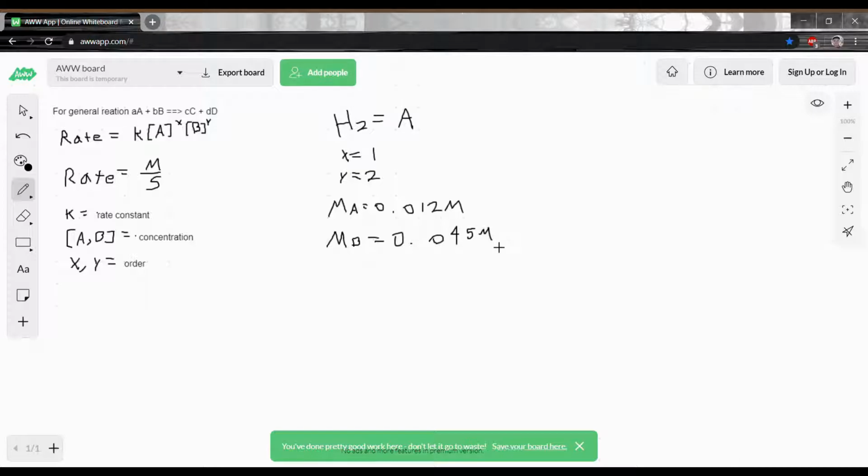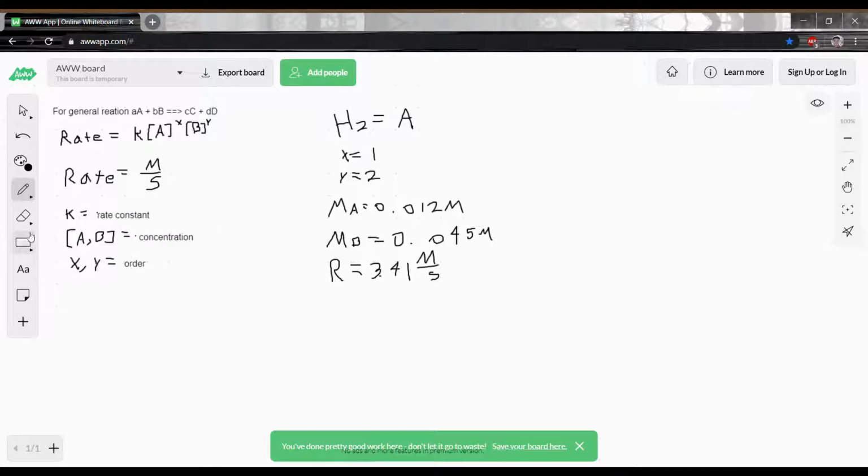And the rate of the reaction is given. I'm going to write rate as capital R as 3.41 molarity per second. We're asked to calculate the rate constant and the overall order for the reaction. The overall order is simply the sum of all the orders of the reactants.